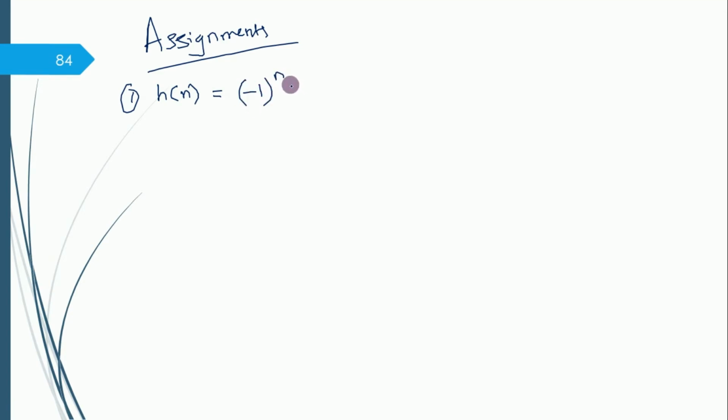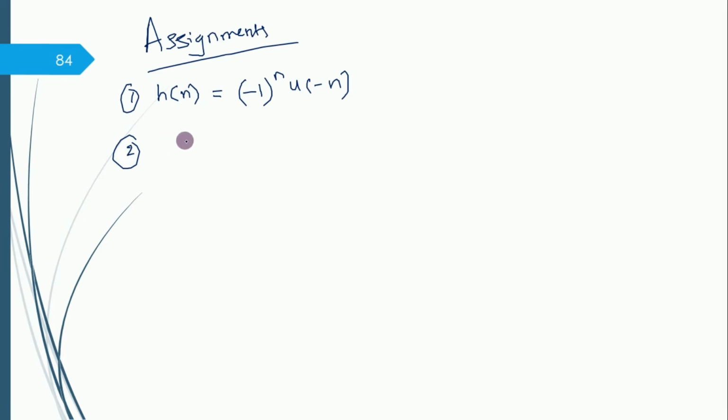So now a few assignments I'll be giving, regarding the properties identification. The first one being h of n is equal to minus 1 raised to n u of minus n. This is the first assignment. Solve it for finding memoryless, causal and stability.